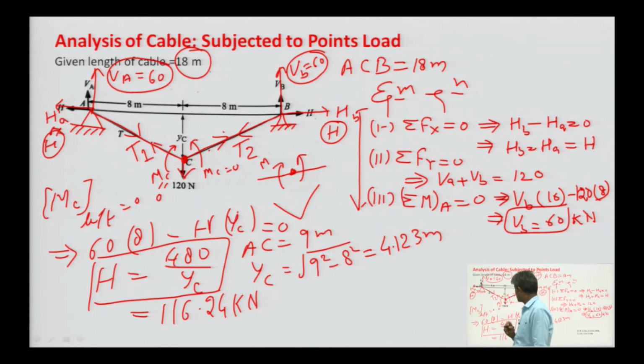This thrust can be used to find the tension in the cable. How? Extend this line and complete this diagram.